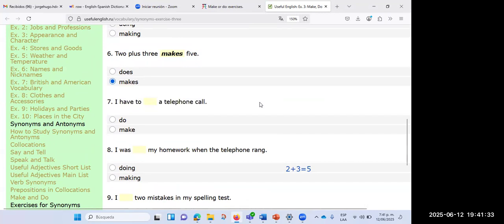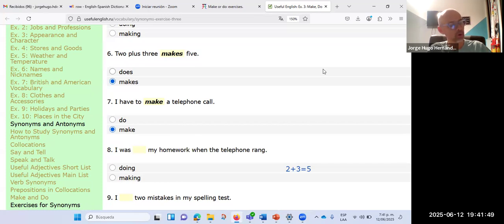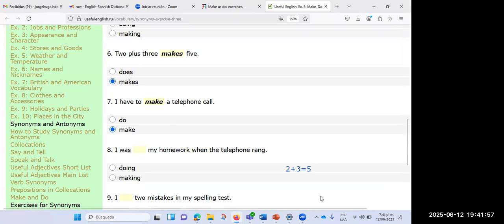Yes, I have to make a telephone call. Okay, I have to make a telephone call. Kiara, do you prefer to make a telephone call, a phone call, or writing, chat? What do you prefer? Make a telephone call or chat? I like typing in the chat more, but making calls, not usually.